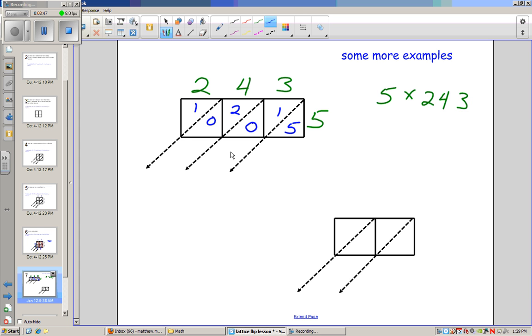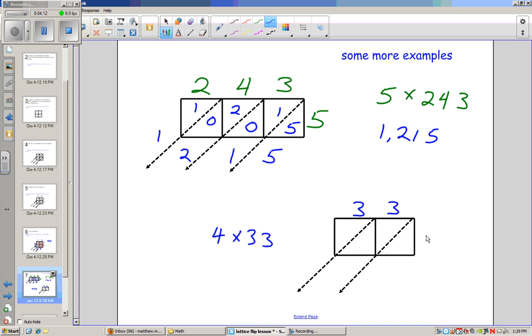And of course, now we add across the diagonal. 5 plus nothing is 5. 1 plus 0 is 1. 2 plus 0 is 2. And 1 plus nothing is 1. So my answer to this would be 1,215.